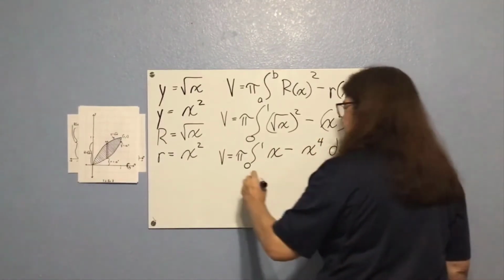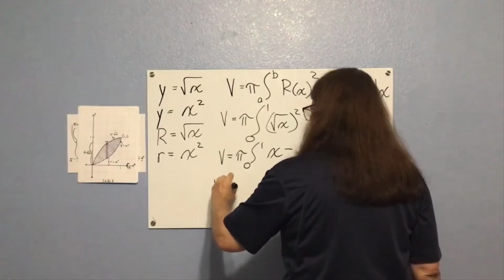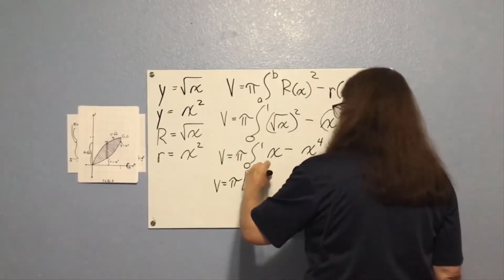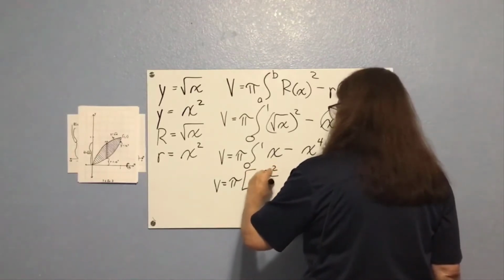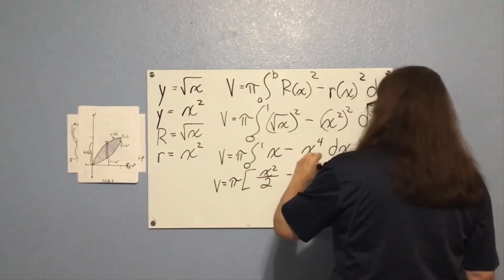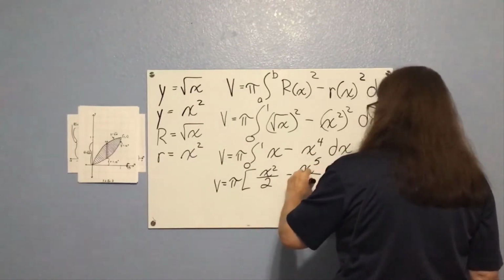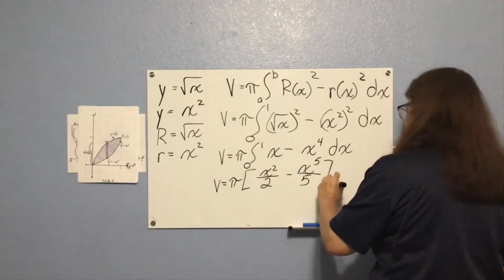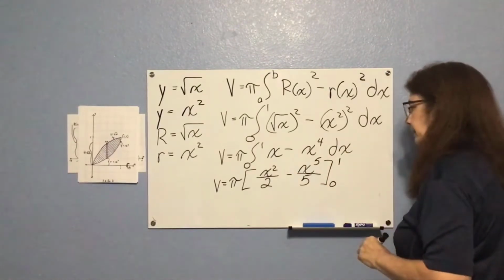Now I can integrate. This is going to be x squared over 2 minus x to the fifth over 5, evaluated from 0 to 1.